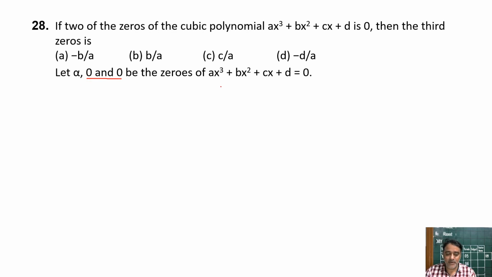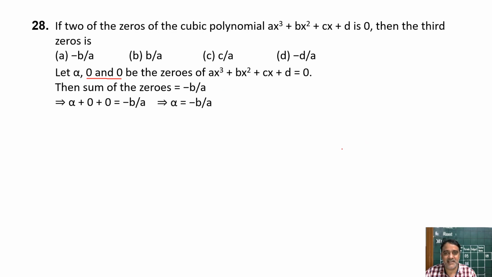Now we use the formula sum of zeros, that is minus b by a. So alpha plus 0 plus 0 is minus b by a. So alpha कितना होगा? Minus b by a. So which option is the correct one? Option A is the correct one.